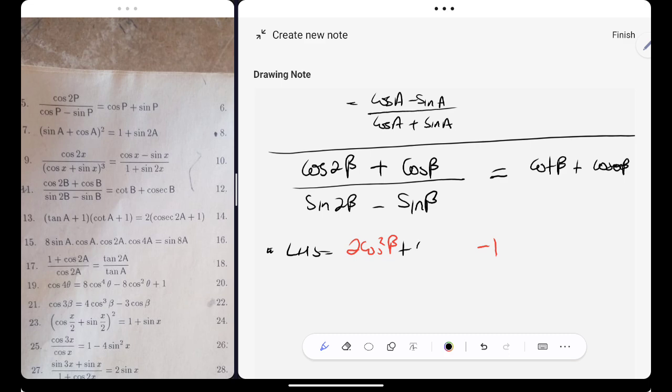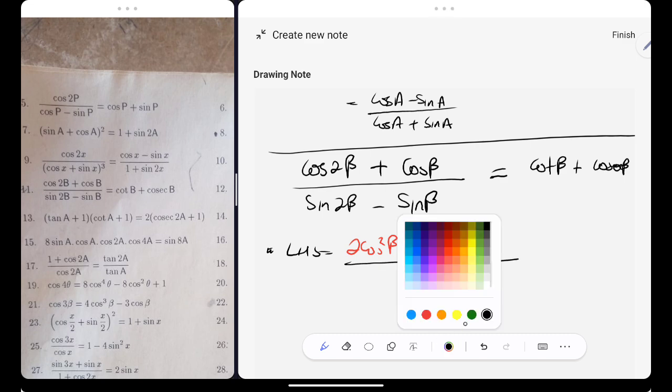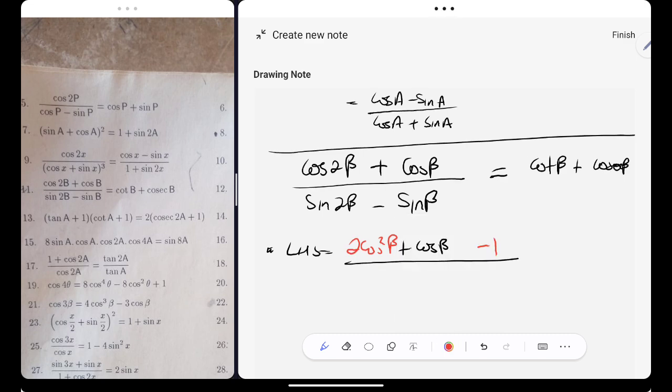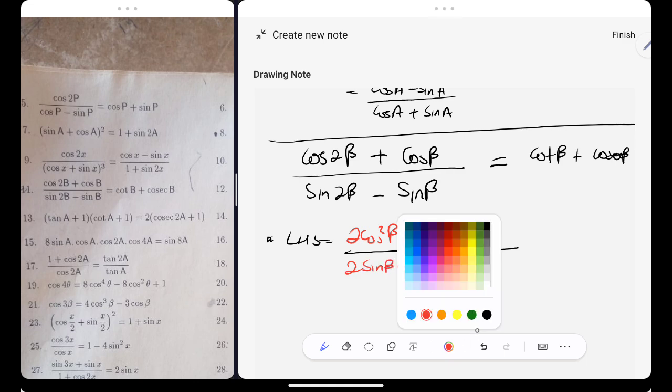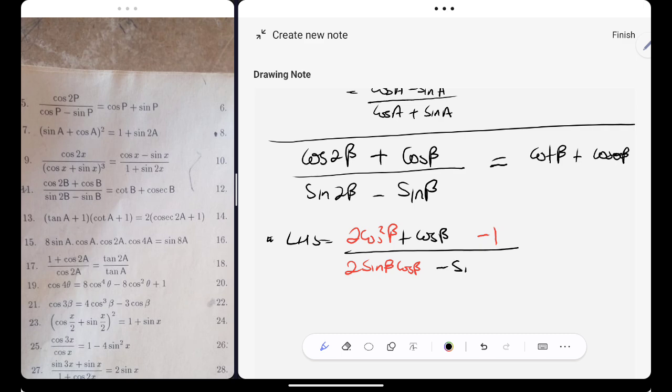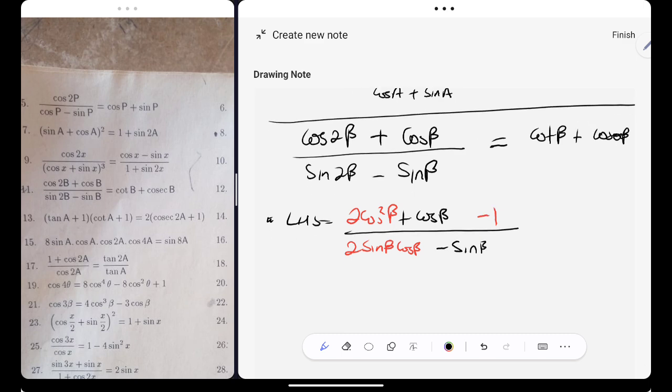I can still write the cos beta there. I separated the two because I wanted to write the expression at the top in standard form. Okay, the denominator, I can change sine 2 beta into 2 sine beta cos beta. I still have minus sine beta.